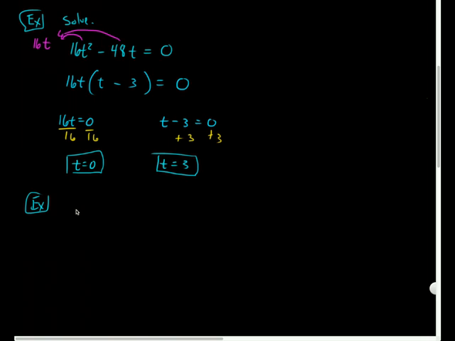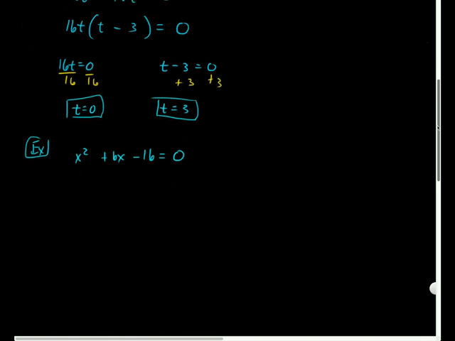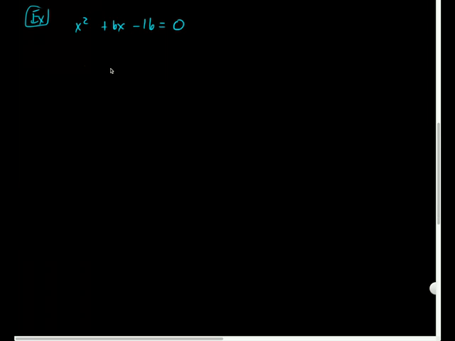Suppose I have this problem that I want to solve. x squared plus 6x minus 16 equals 0. So here I can't factor using greatest common factor, although it's always good to check. However, I do have my a is 1, so I can factor this using my classic factoring technique.